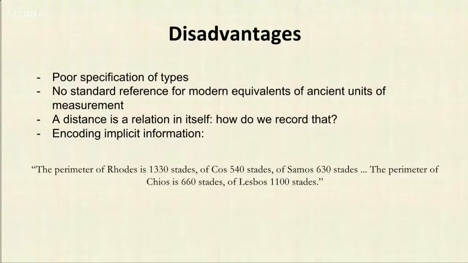How do we encode that there is essentially a relationship between two nodes and an edge by means of an XML element? And also, obviously, implicit information, because not always are the places involved in a relationship of distance explicit in the text. Actually, most of the times they are not.